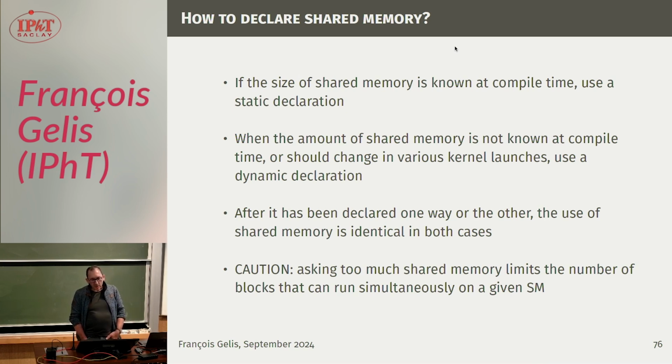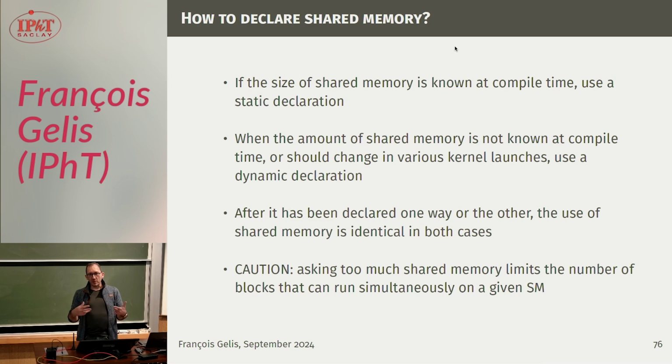And a common mistake is to ask too much. If you ask more than this limit, then the kernel will not run. Something will crash when it starts. If you are still within this limit, but you ask close to the upper limit, it means that only one block of threads can run at a given time.